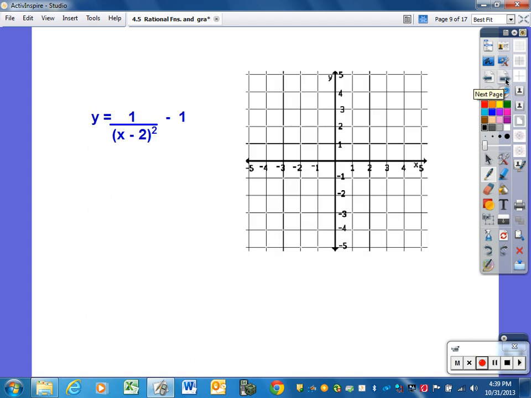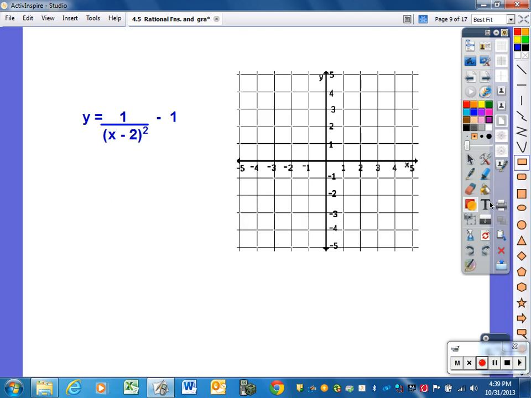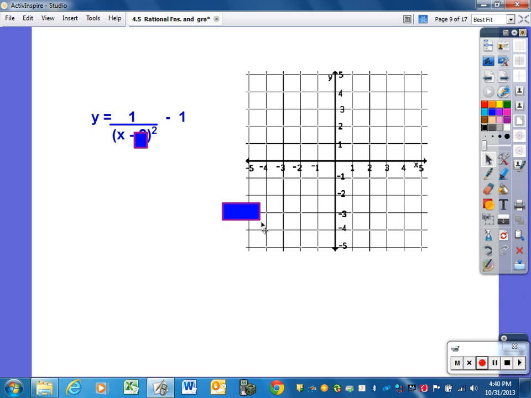Does this model a parent function? Let's see. If I take away my k and my h, do I have 1 over x squared? Yes, I do. So yes, this is a parent function.